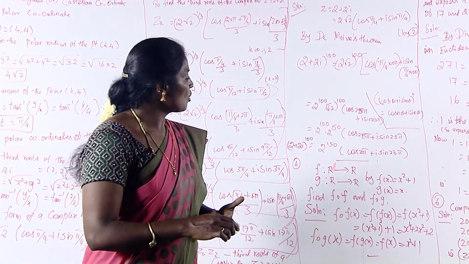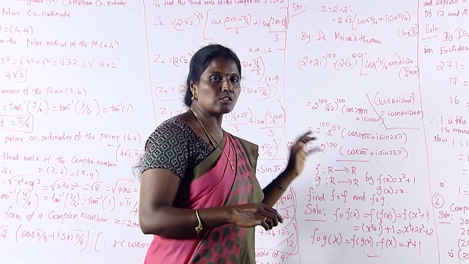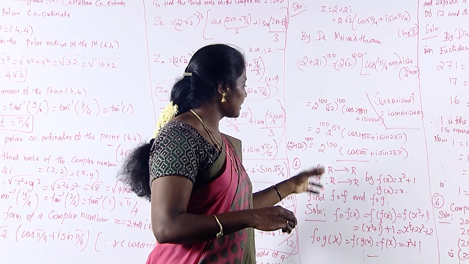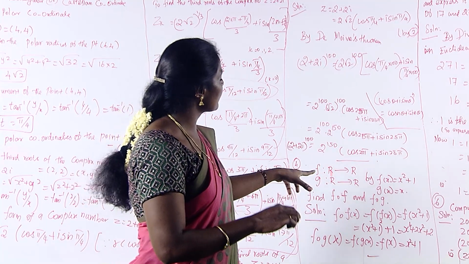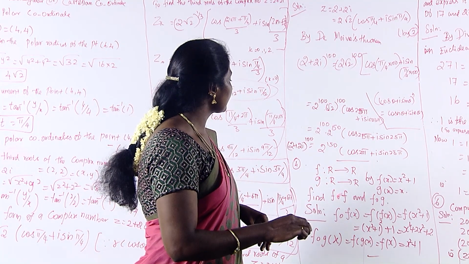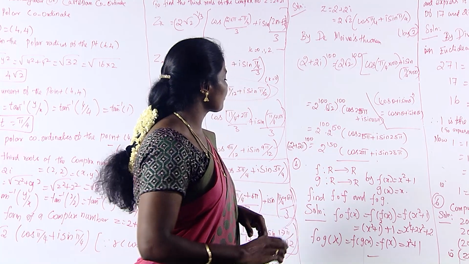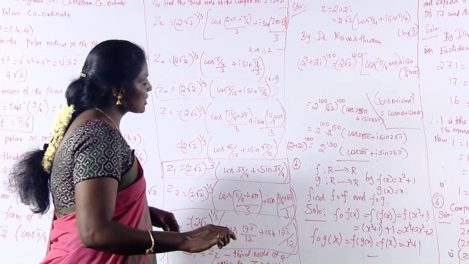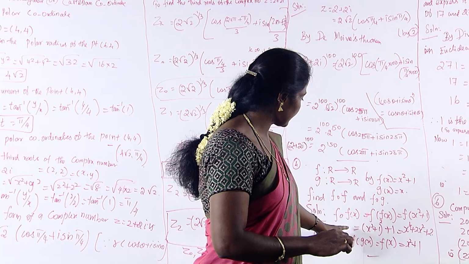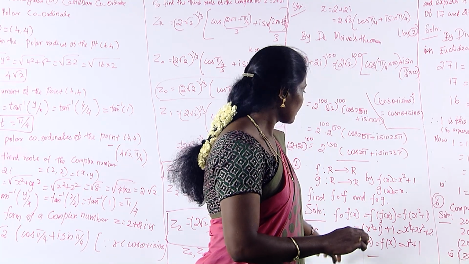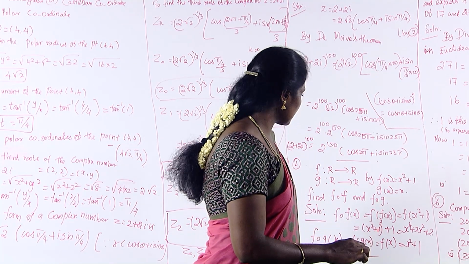Here both domain and codomain are the same, therefore there is no need to check whether the functions are defined correctly or not. So, we can easily calculate f composite f and f composite g. So, f composite f of x, for any value x in R, we can write as f of f of x. But f of x value is x square plus 1.